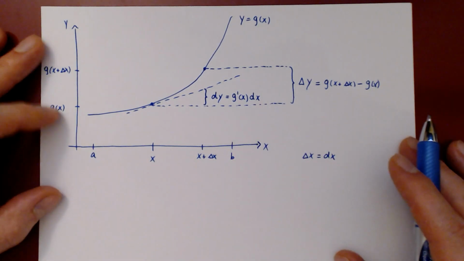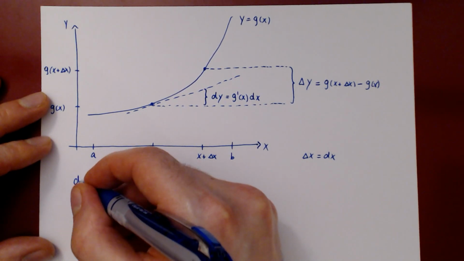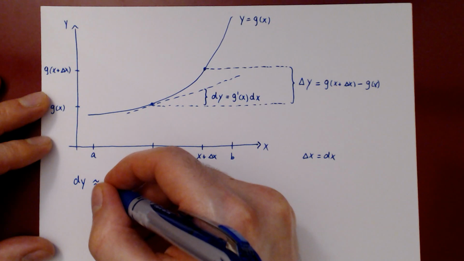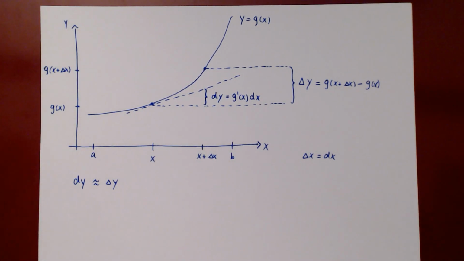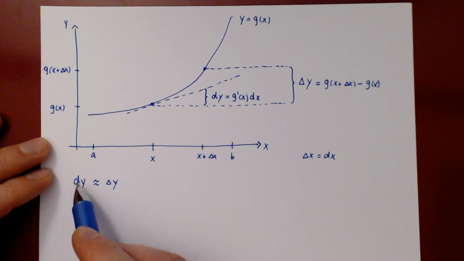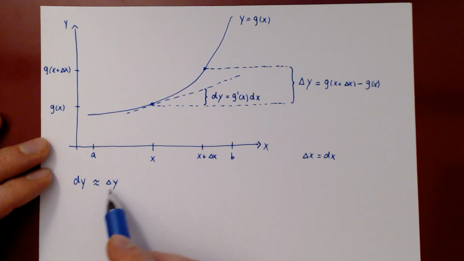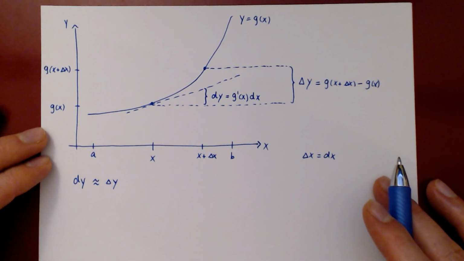approximations of one another. So, again, we know that dy serves as an approximation to the exact change along the function, but our goal is to evaluate how good of an approximation dy is to delta y. And for this we have to make one key assumption.